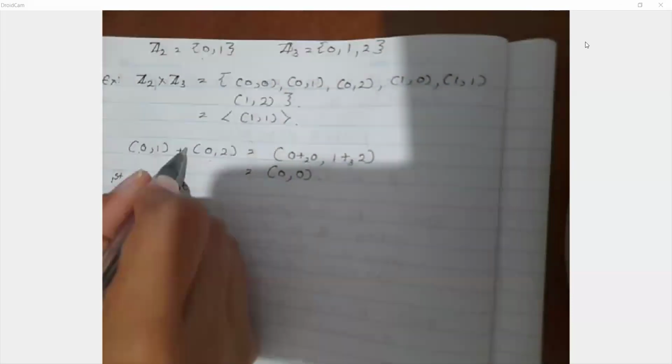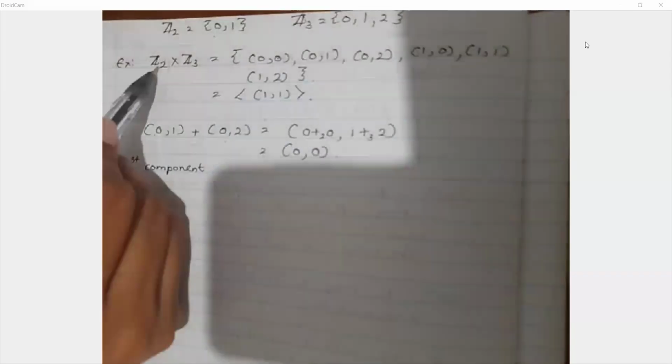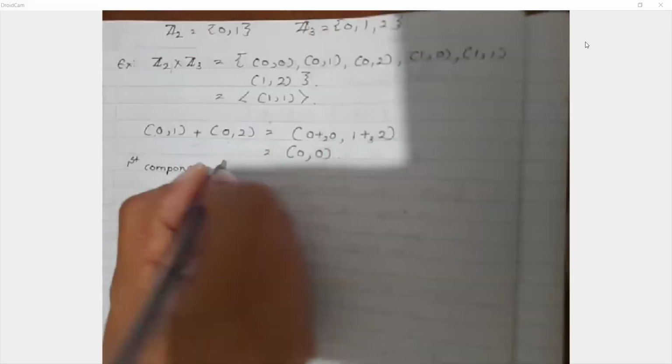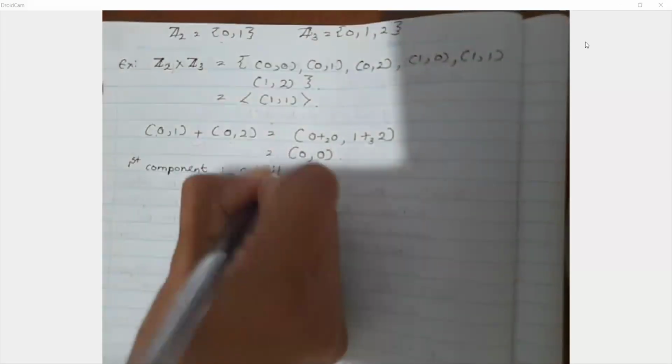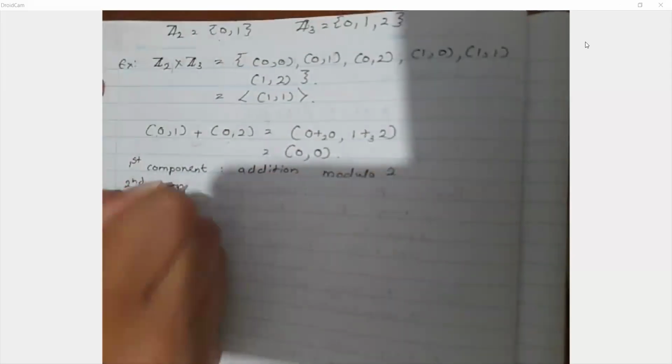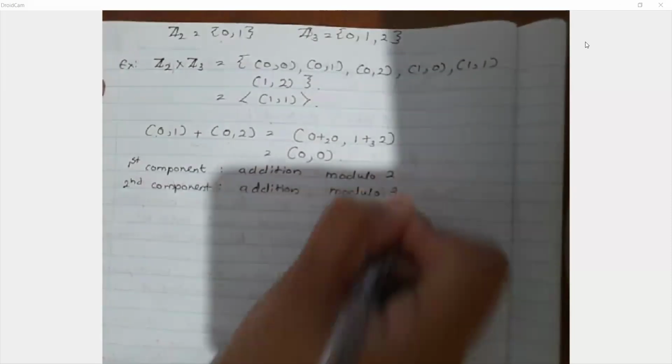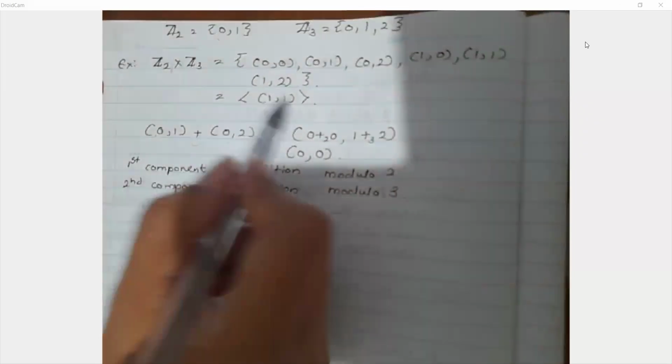I will simply put the usual addition, because it's done component wise, and for each component we have to refer to addition modulo whatever number appears over here. First component, we have addition modulo 2. Second component, addition modulo 3. Now, this group is generated by this element 1, 1.